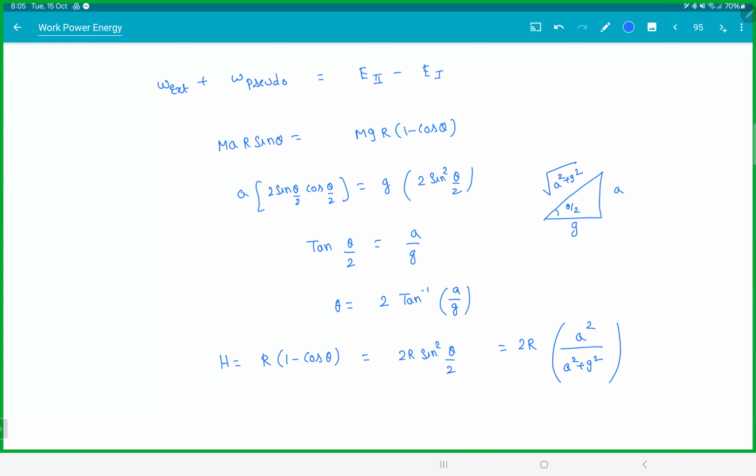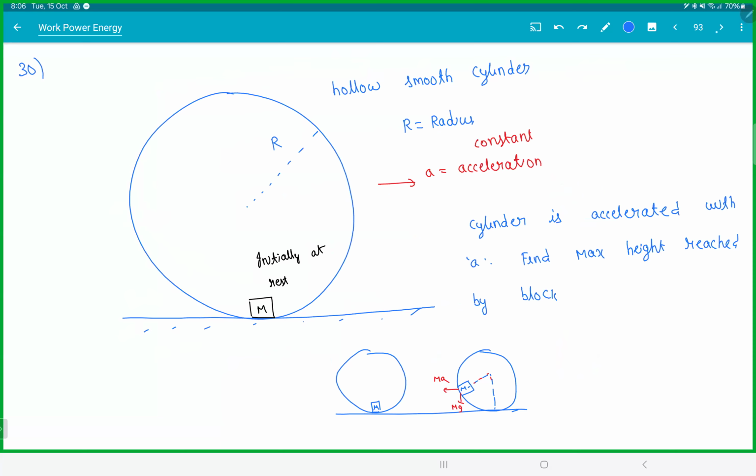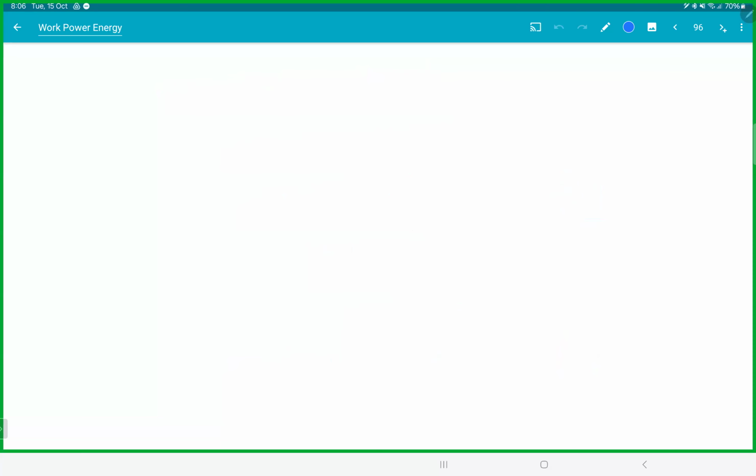Clear? Next one. It's a good one. So keep that in mind. If someone says something is going with constant acceleration, this is how you proceed.